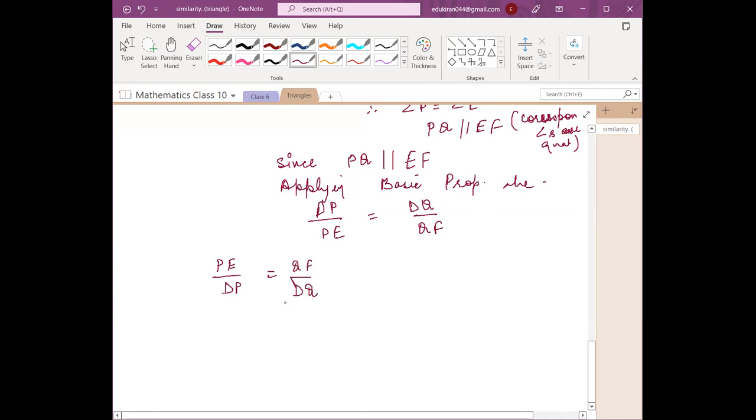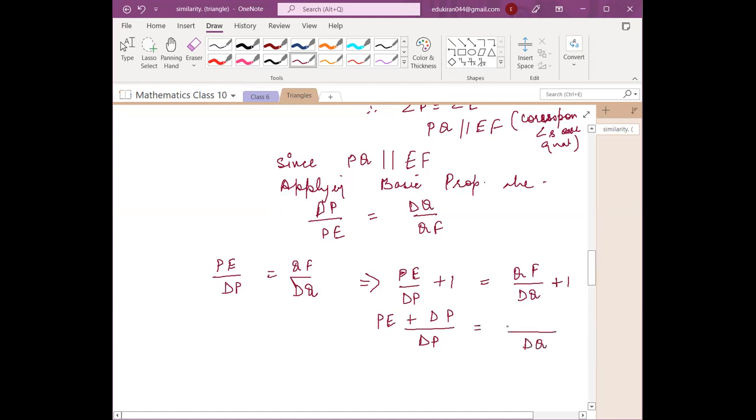Okay, so if I add 1 on both sides, what will I get? PE upon DP plus 1 is equal to QF upon DQ plus 1. Now take LCM. So this is PE plus, I'll get DP here.